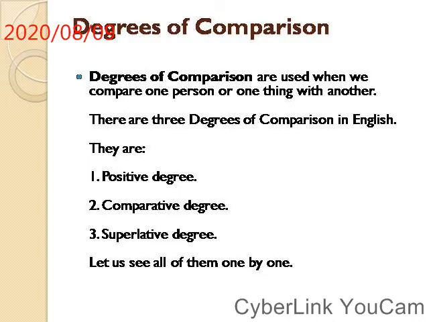Then there are three degrees of comparison in English: positive degree, comparative degree, superlative degree. Okay, what are these three degrees of comparison in English? Positive degree, comparative degree, superlative degree.